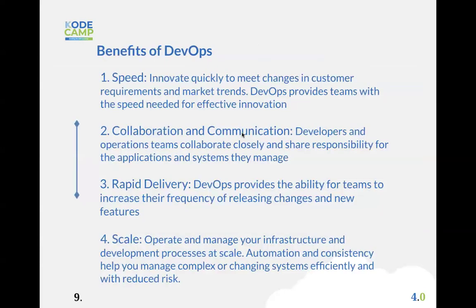So let's look at some of the benefits of DevOps, right? Some of the things that DevOps improved in how we deliver software to our users. From the waterfall method to the DevOps method, you're able to deliver a working software to users as quickly as possible.